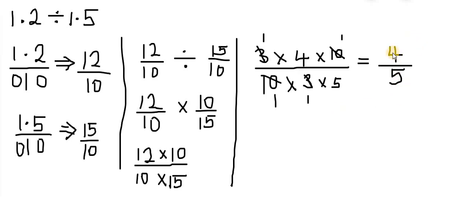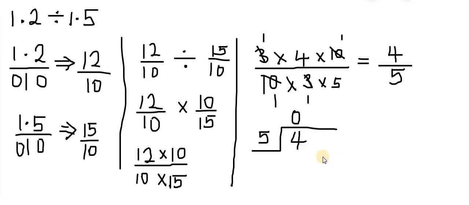And if you want it as a decimal back again, you can convert that by doing long division. So 5 on the outside, 4 on the inside. Okay? How many 5s in 4? That's 0. Okay?